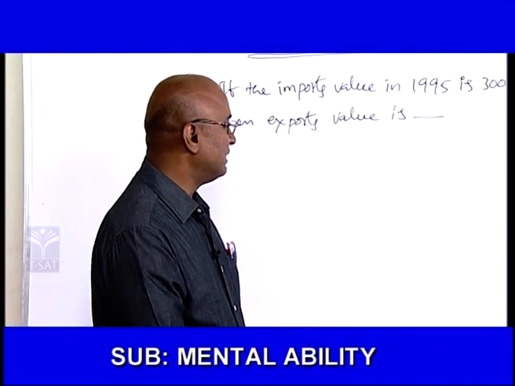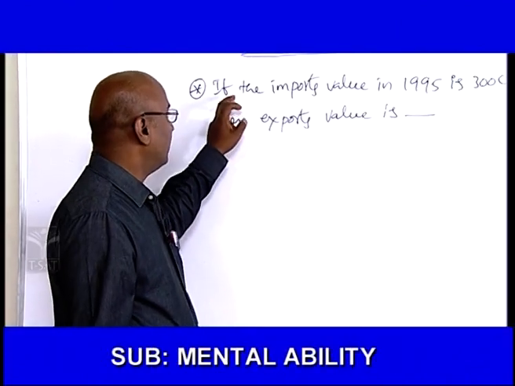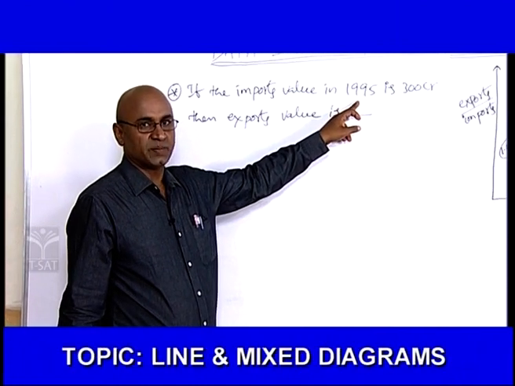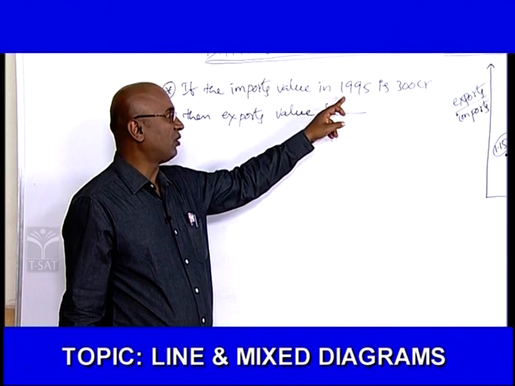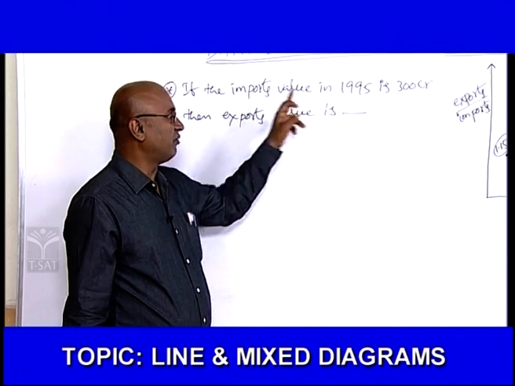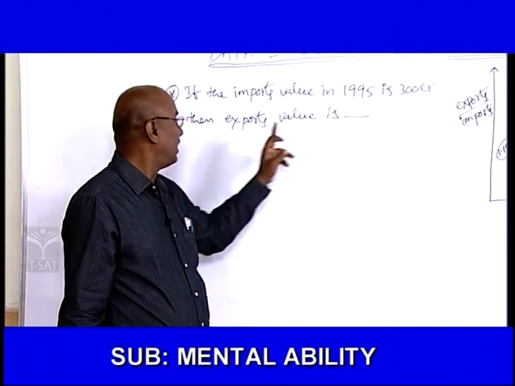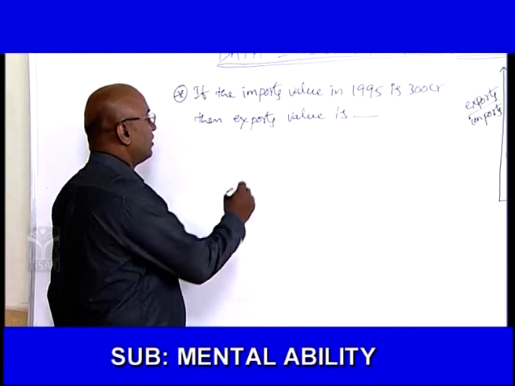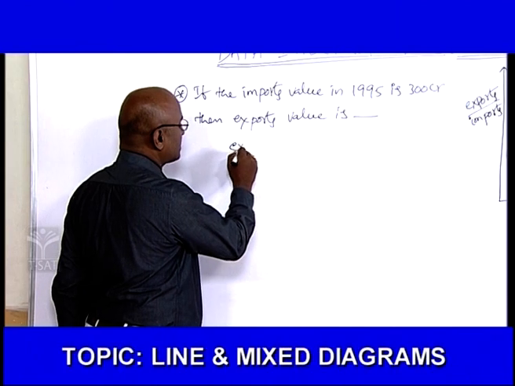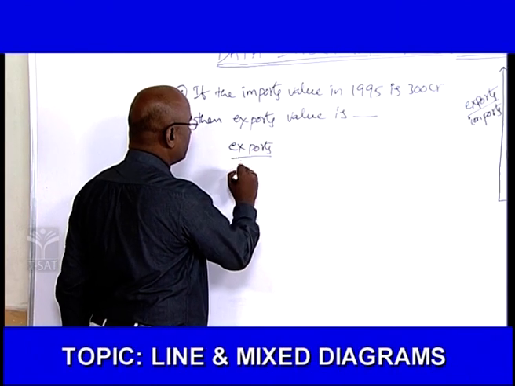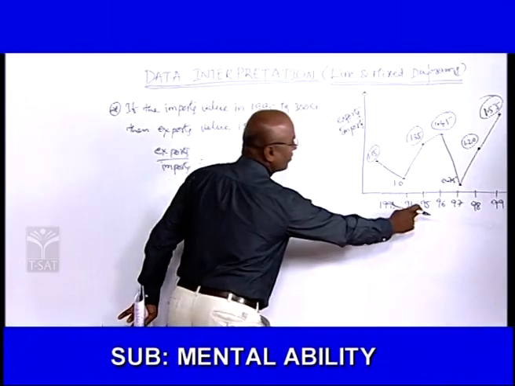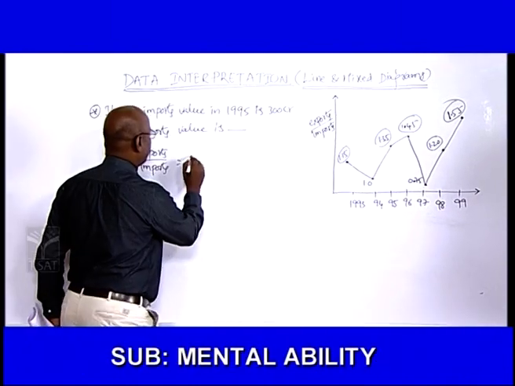Next problem in this is like this. If the imports value in 1995 is 300 crores rupees, 1995లో దిగుమతుల విలువ 300 కోట్ల రూపాయలు అయినా ఎక్స్పోర్ట్స్ విలువ ఎంత? ఎక్స్పోర్ట్స్ వాల్యూ ఈజ్, we know that the exports by imports is equal to, in the year 1995, it is 1.35.